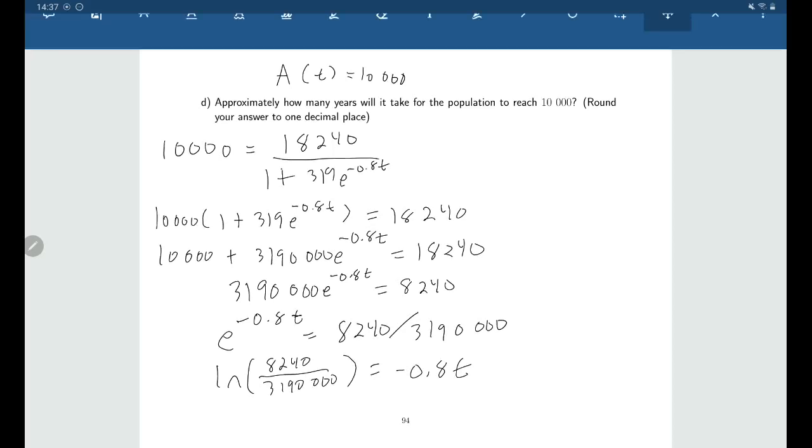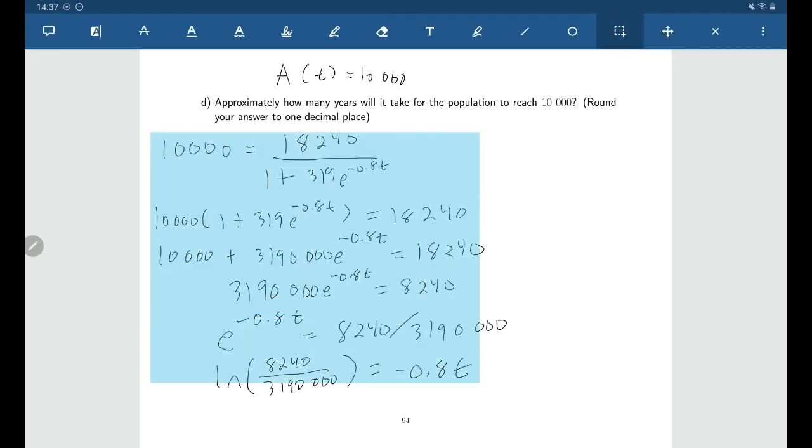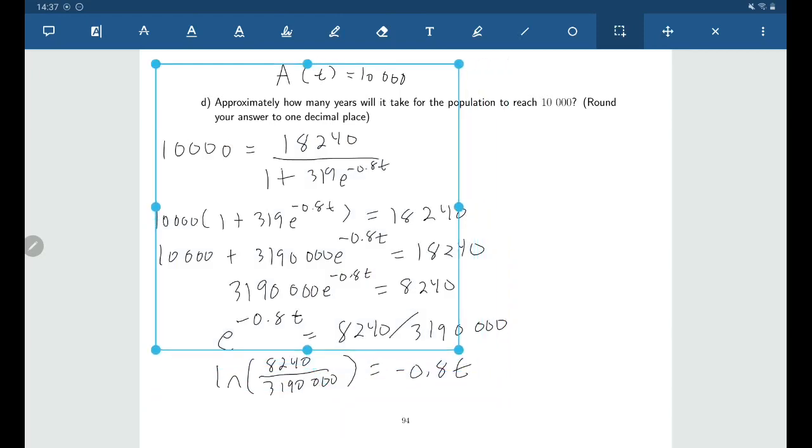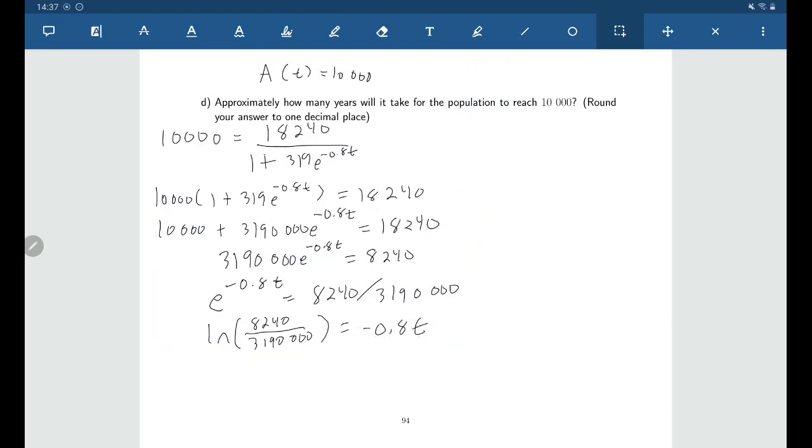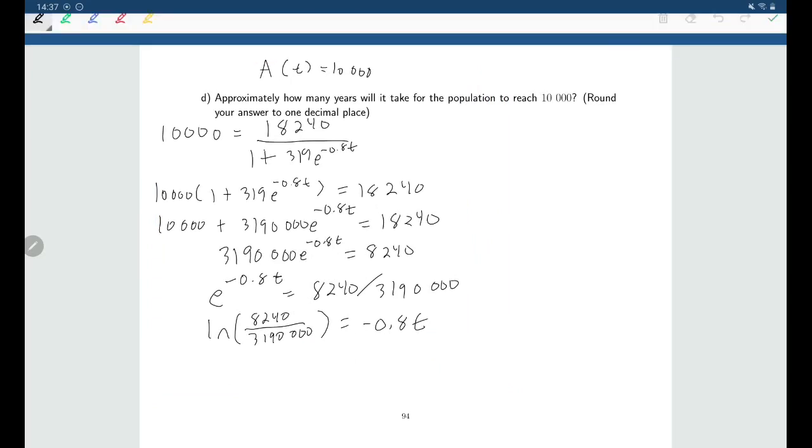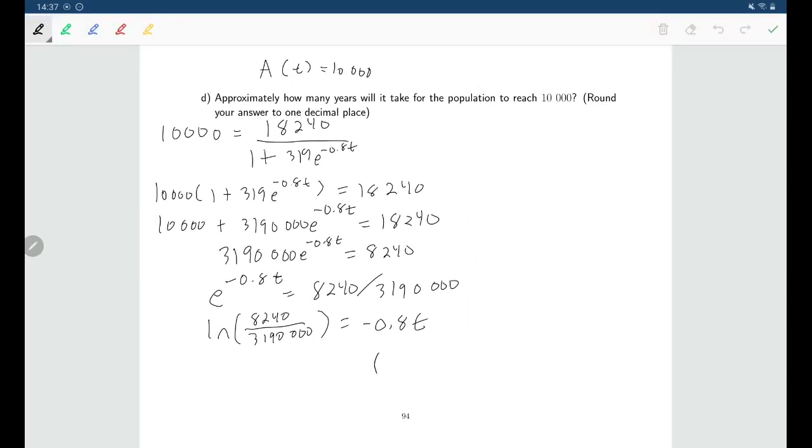And once I've rewritten it as a logarithmic equation, then all I really have to do now is just solve by dividing both sides by that negative 0.8. And there we go. I'll have what t is.